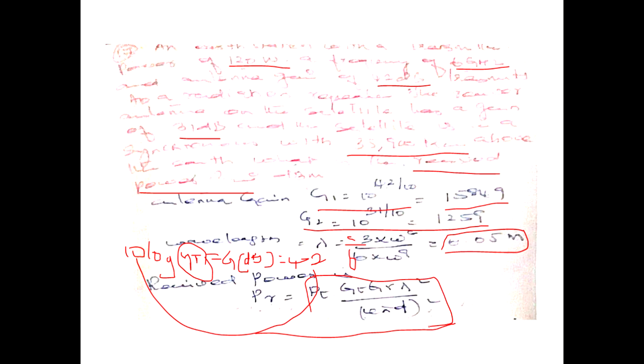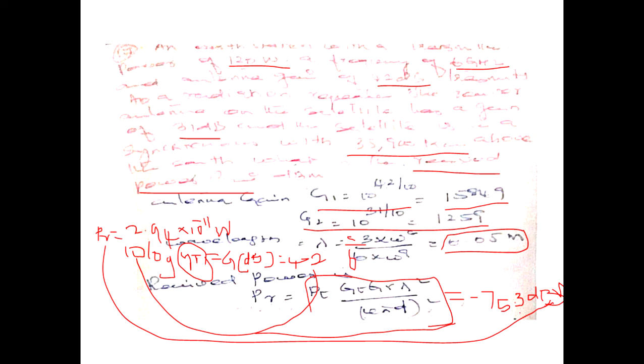Then substituting all the values, you will get PR equal to minus 75.35 dBm, or the received power PR in numerical value is equal to 2.94 into 10 power minus 11 watt.